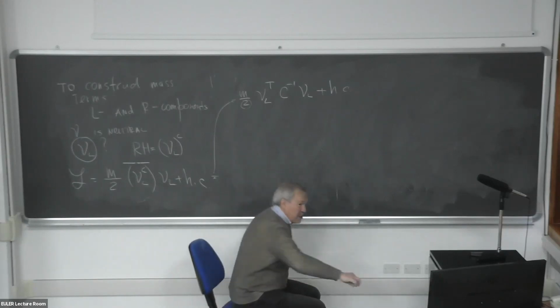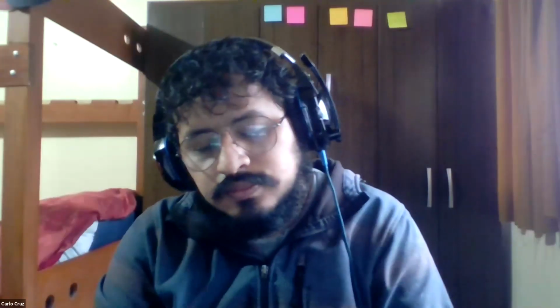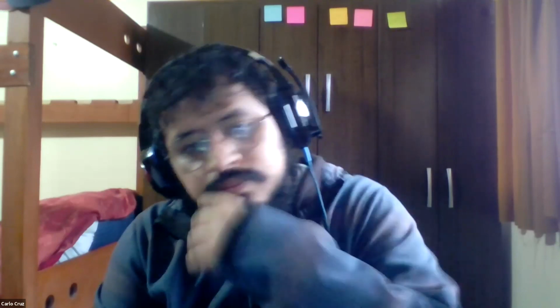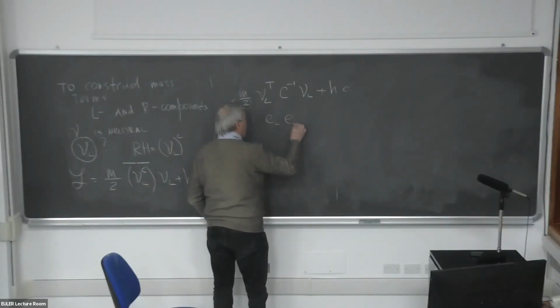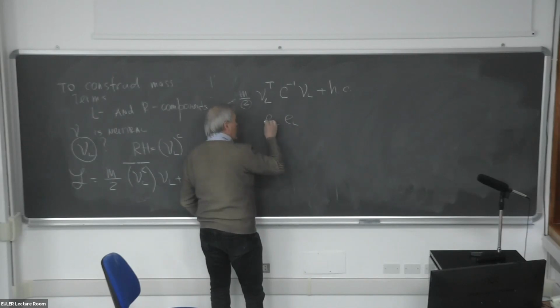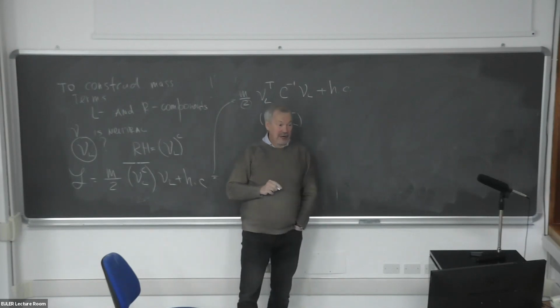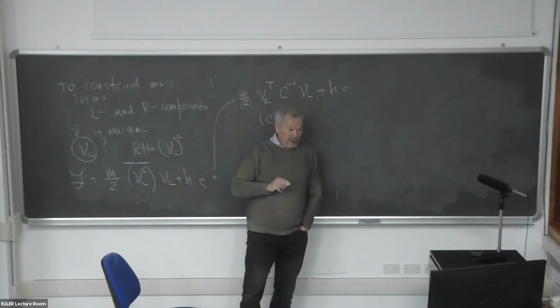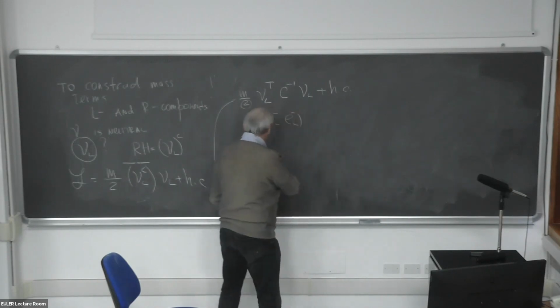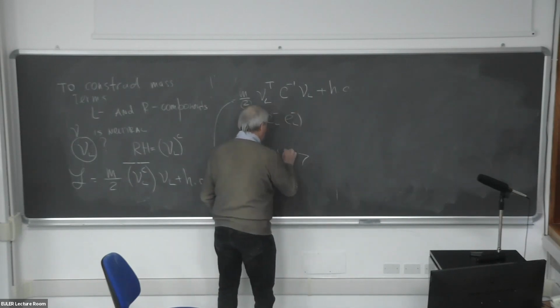Because if you do this for electrons, then you will get here e_L and here e_L, which means that this term in the Lagrangian will have double electric charge. And terms in the Lagrangian should be neutral, because then you compute matrix elements.